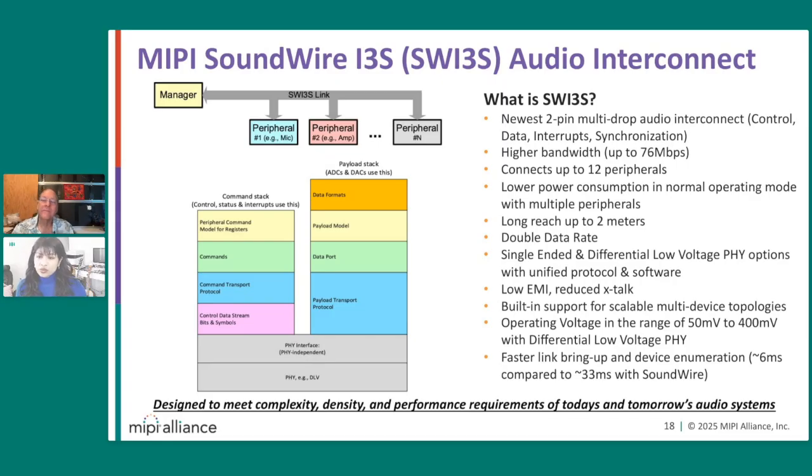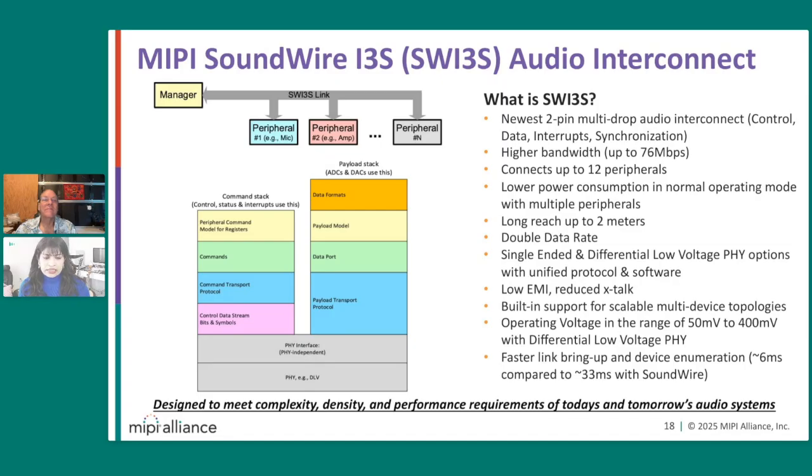So in short, SWIS delivers a powerful combination of speed, scalability, and efficiency, which are designed to meet the complexity, the density, and performance requirements of today's and tomorrow's audio systems.